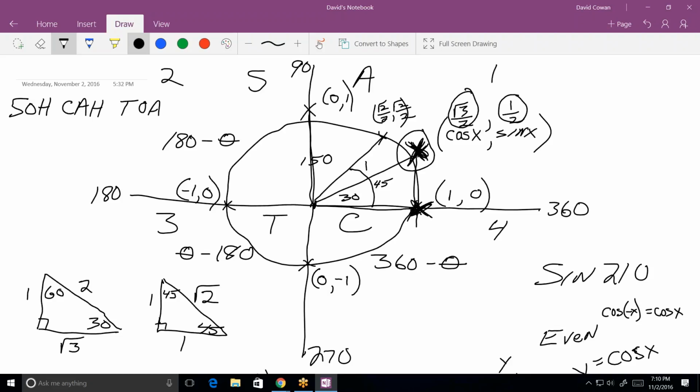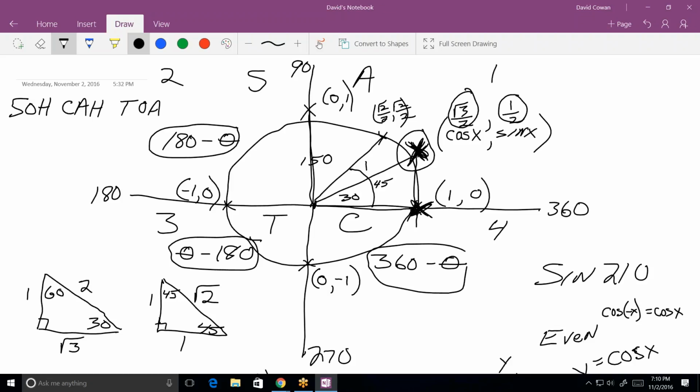You'll notice that there's a pattern to some of this stuff. First of all, the two triangles on the left, you've been working with those a long time, so you should have those semi-memorized. SOHCAHTOA, you've got that memorized, I know you do. Notice that this second quadrant's 180 minus theta. This is the reverse, theta minus 180. And if you forget which way it goes, which is easy to do, look at the fourth quadrant.